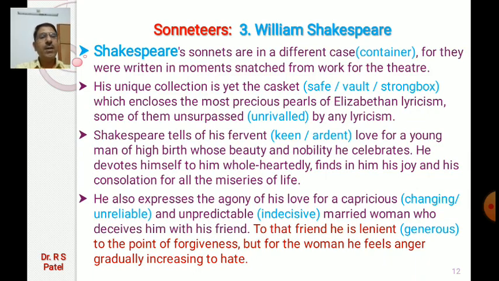This young man is a very important person for William Shakespeare, to whom he has addressed many of his sonnets. Then he also expresses the agony of his love for a capricious and unpredictable married woman who deceives him with his friend. Now, this is another character to whom the sonnets of Shakespeare are addressed.